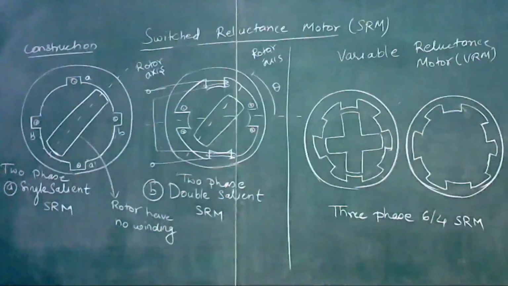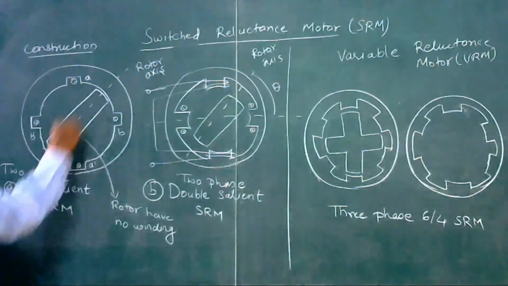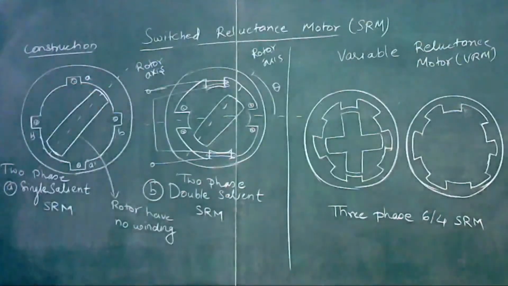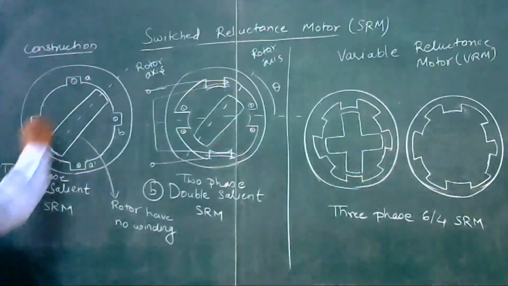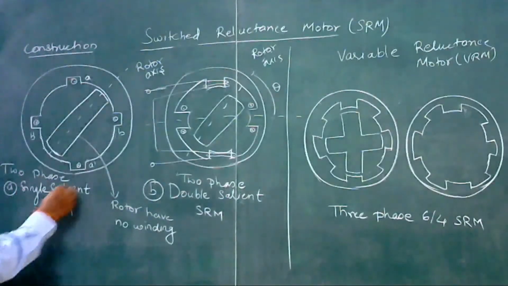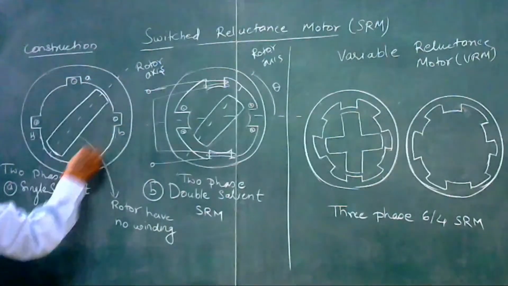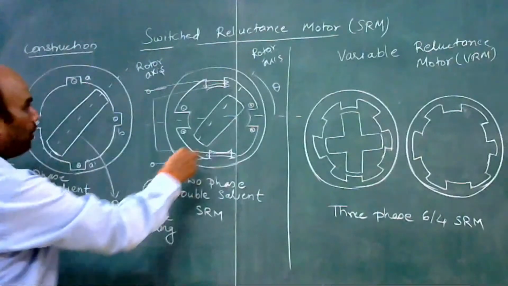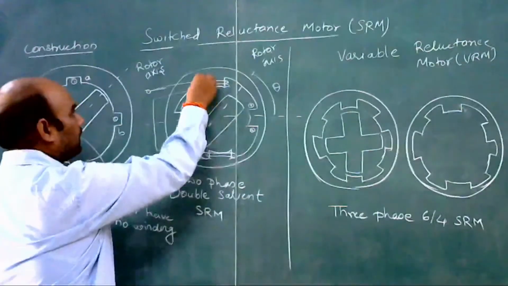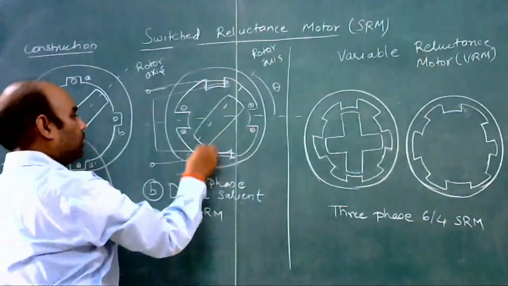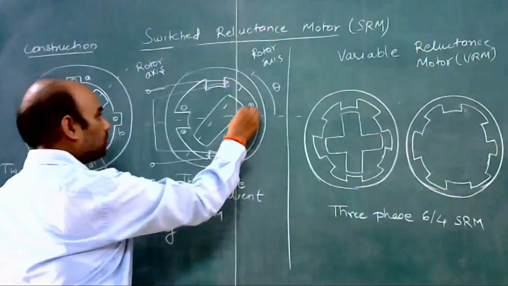So it is a plain stack pole. In the single salient it is a long salient stator, and in the case of the doubly salient it has salient poles.